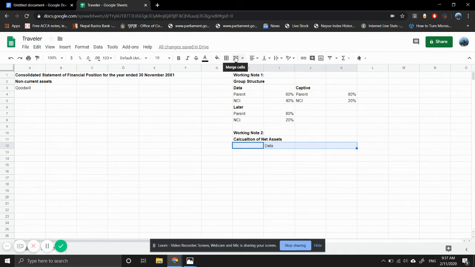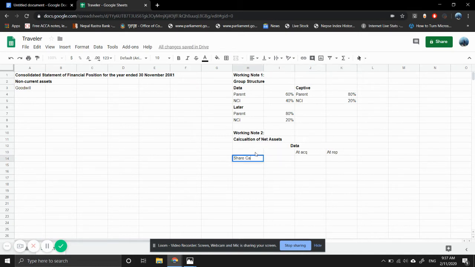Let's merge it. Okay, so add acquisition, add ACQ, add reporting.